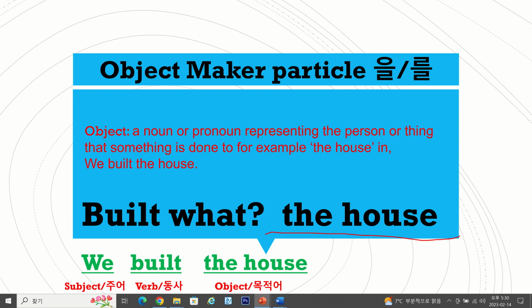The house. And "we" is the subject, 주어. And "built" is the verb, 동사. The house is the object, 목적어.